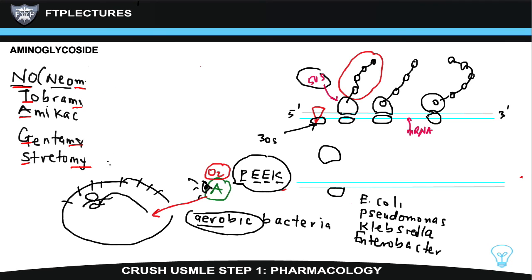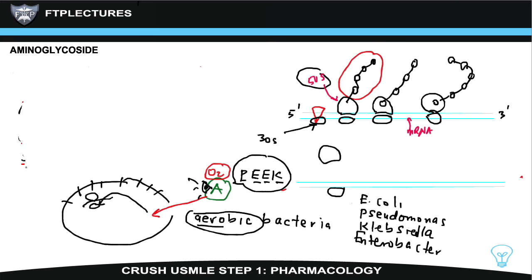So remember, I told you at the beginning of this lecture that these drugs love to deposit in a certain part of your body. Let's think. We said they don't like the brain. So we should be thinking about the kidneys.